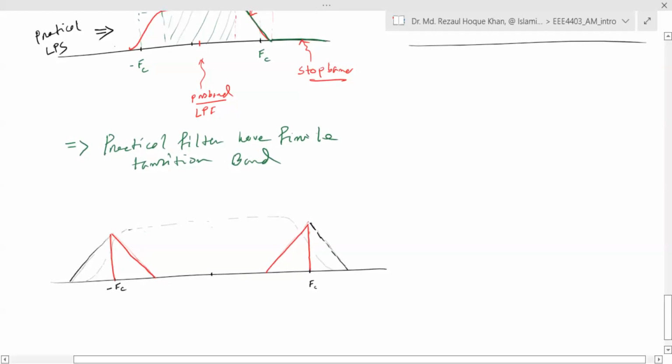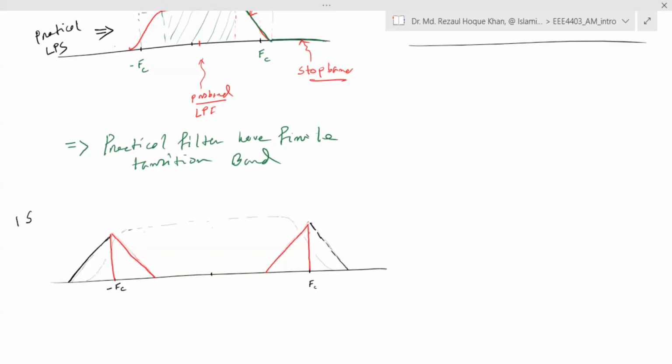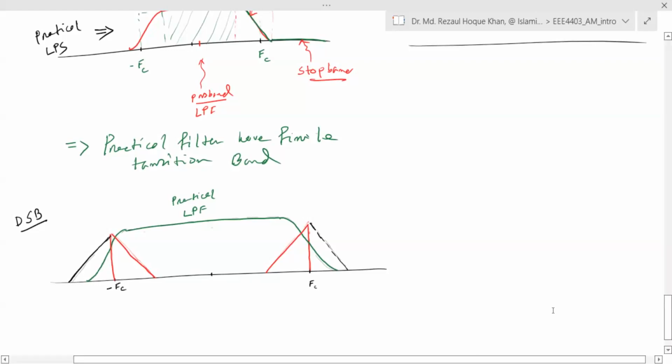If we have a double sideband signal and pass it through a low pass filter having a practical response like this, our practical low pass filter, then what will happen?